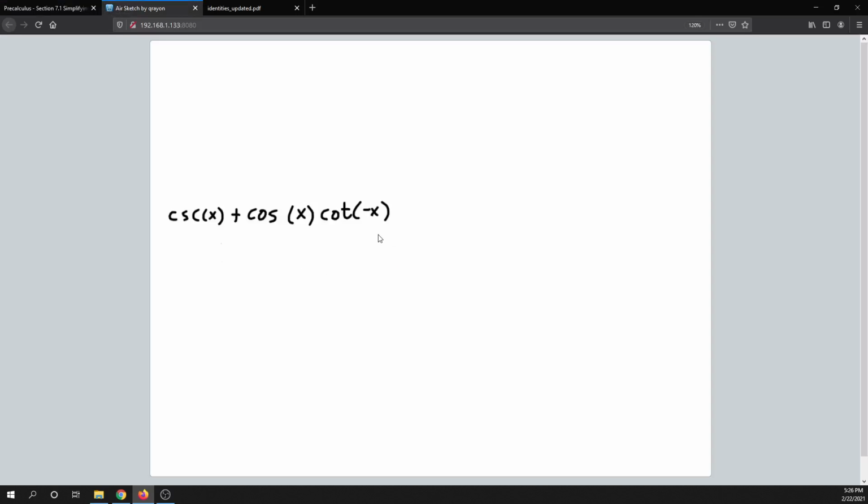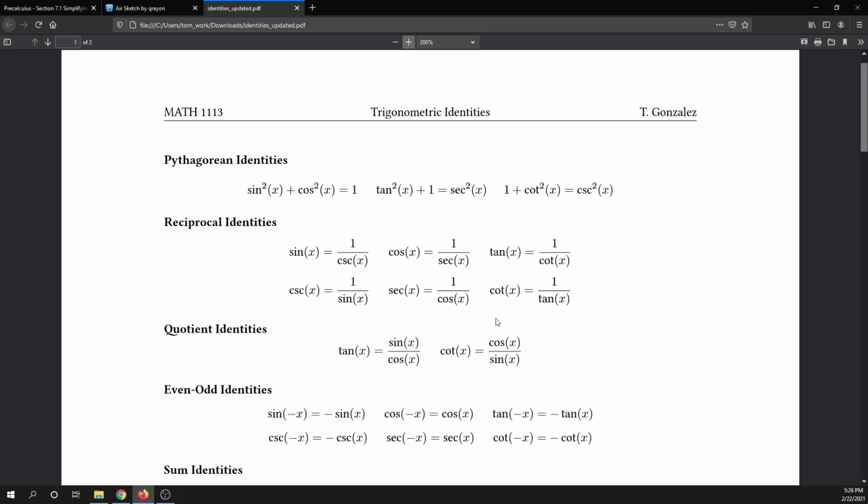So when I look at this expression, the first thing I notice is this opposite of x in here. I know the even odd identities will allow me to rewrite that expression so that the inside is just x instead of the opposite of x. So if I look at those even odd identities, I can see I've got the cotangent of the opposite of x here.